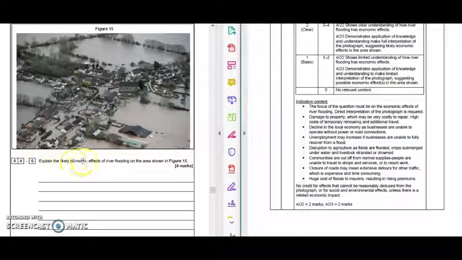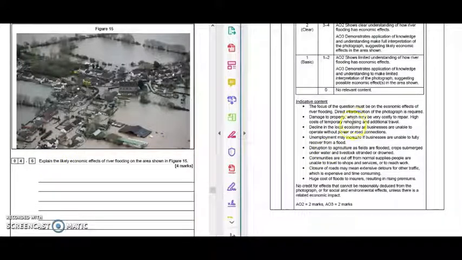4.6, explain the likely economic effects, so effects to do with money, of river flooding on the area shown in figure 15. So we've got to make sure we link it to money, and we only really use what is in this photograph. And all we've got to do is just explain the effects.